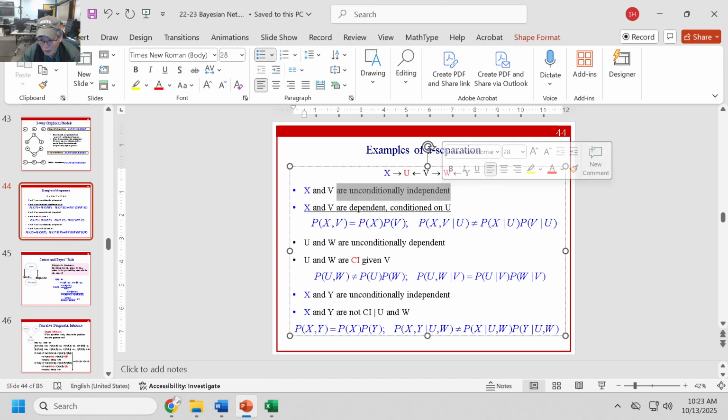Be careful here. That's why I said at the beginning, X and V are unconditionally independent. If those are the only two columns of data and I look at their correlation coefficient, there's nothing.